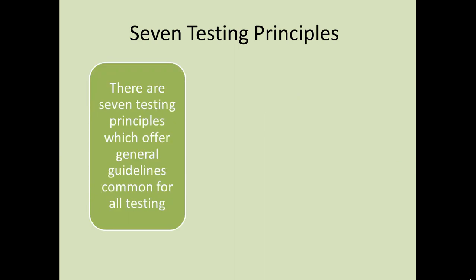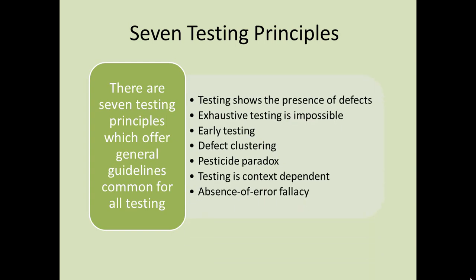So there are 7 testing principles which offer general guidelines common for all testing. The 7 testing principles are: testing shows the presence of defects. Exhaustive testing is impossible. Then the third principle is early testing.